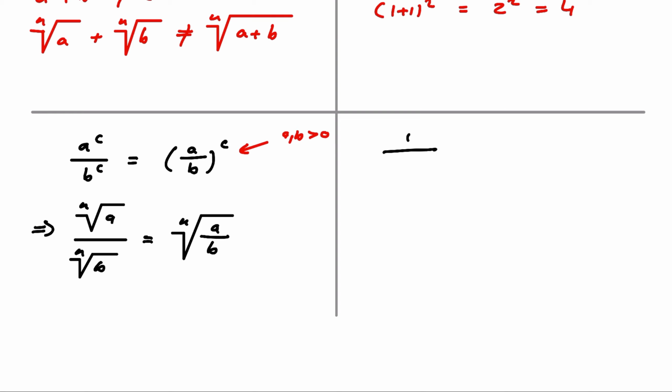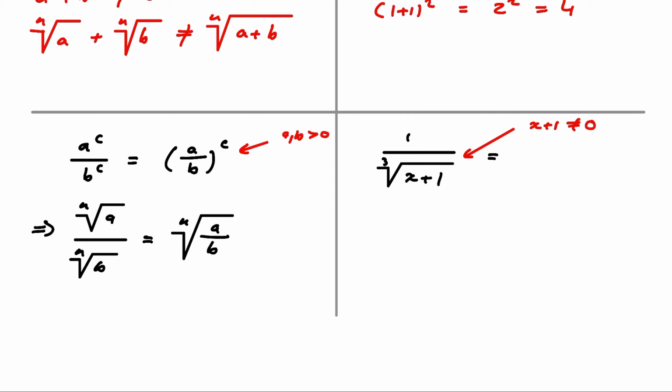There are several ways to do the ones I'm writing down, but this is a good illustration. If I do the cube root of x plus 1, I do need to be slightly careful here. If I was to take the cube root of 0, it wouldn't work. So when I write this down, I'm explicitly or implicitly assuming it's not equal to 0. So x plus 1 is not equal to 0, i.e. x is not equal to minus 1. So what I'm writing down only makes sense for x not equal to minus 1.